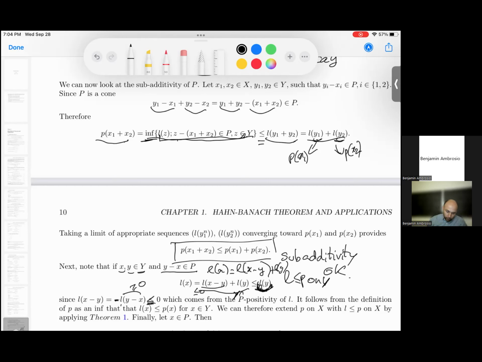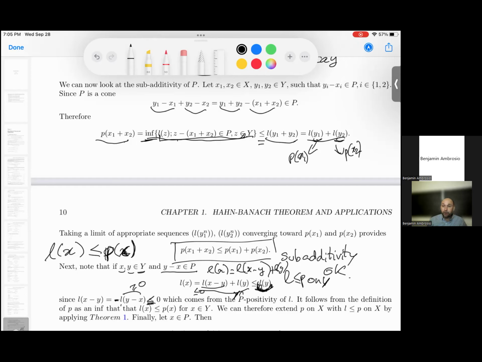So finally, we proved that L of x is less than P of x, because L of x is less than L of y, and P is an infimum, so P is more than L, by definition of P.